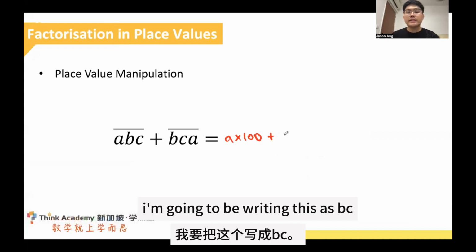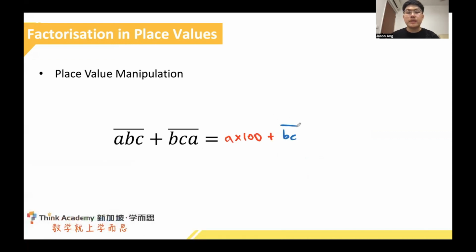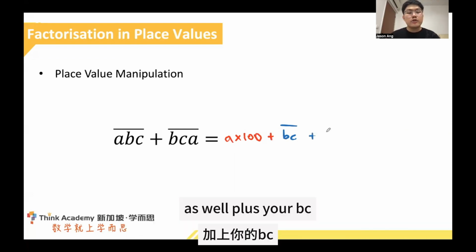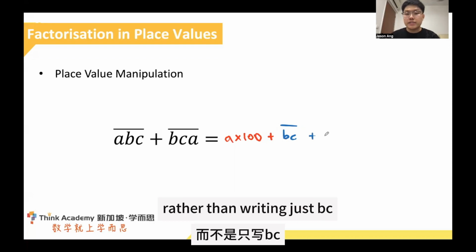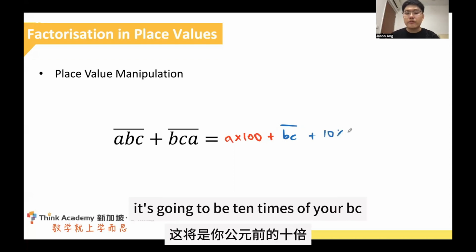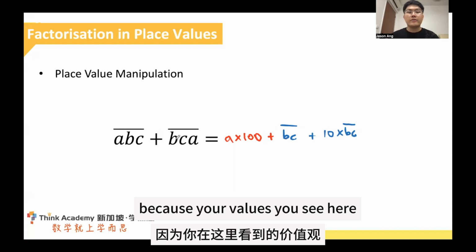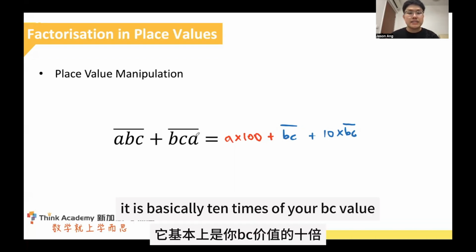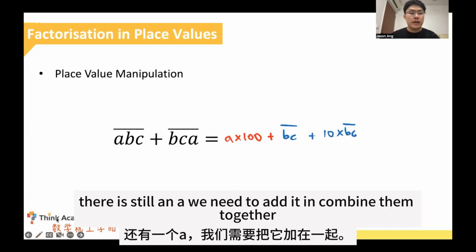I'm going to be writing this as BC. I'm going to still stick them together because we can still observe them on the right-hand side as well. Plus your BC, rather than writing just BC, it's going to be 10 times of your BC, because you see here, BC with a 0 at the back. It is basically 10 times of your BC value. Then subsequently, at the end, there is still an A. We need to add it in.